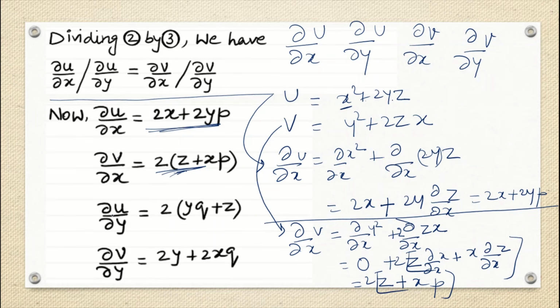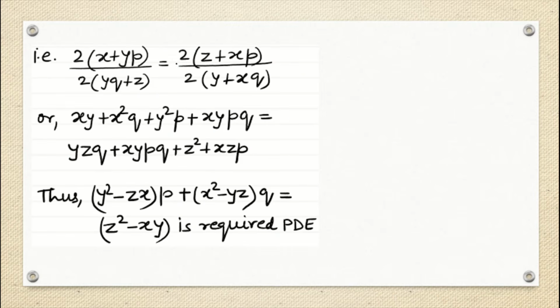Similarly, we will find del by del y of u and del by del y of v. If we have got these four values, we just have to put them in this manner. The 2 gets cancelled and then we do the cross multiplication.